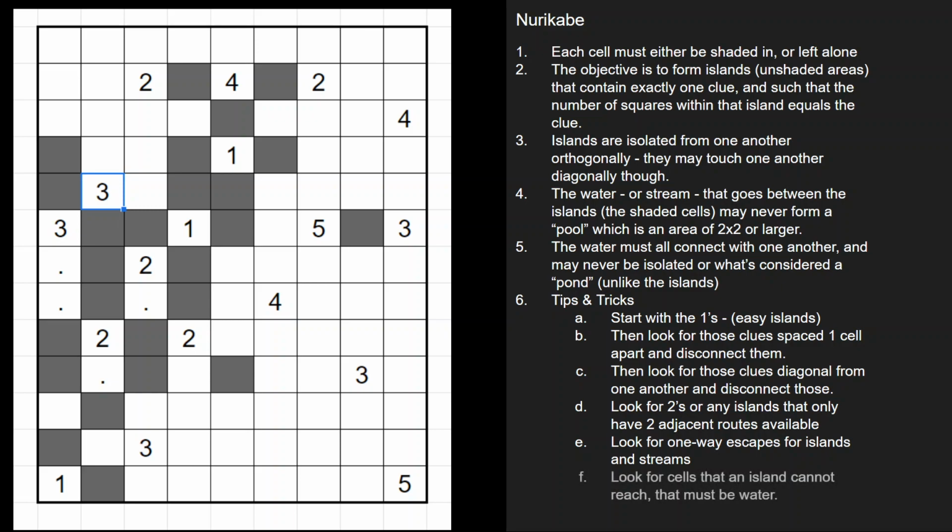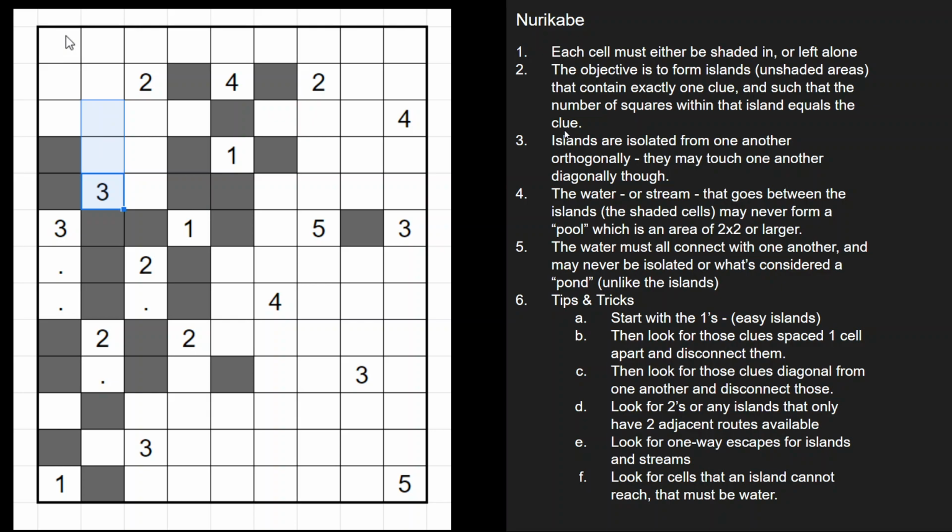to solve that. The last thing that I look for are cells that cannot be reached for an island. So what I mean by that is if we look at this corner cell in the top left, it can't be part of any island, right? If we look at the 2, the farthest that island can go is over there, right? Or it can go up here. And the 3, the farthest that island can go is up there.